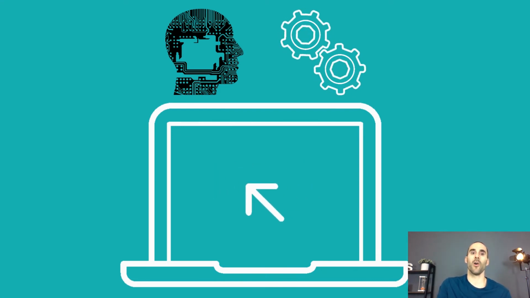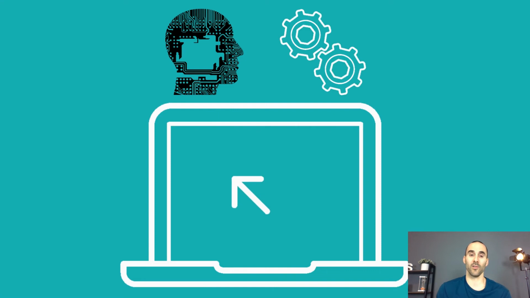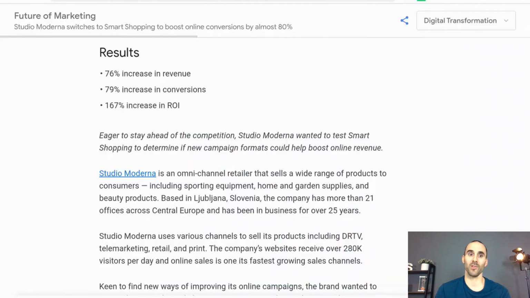All right. So as far as the results, Google will tout results like this one, which show a 76% increase in revenue, a 79% increase in conversions, a 167% increase in ROI, and these results seem stellar. So why would you not switch over to smart shopping? That's the question. Does smart shopping perform better than standard shopping? I would say it like this.